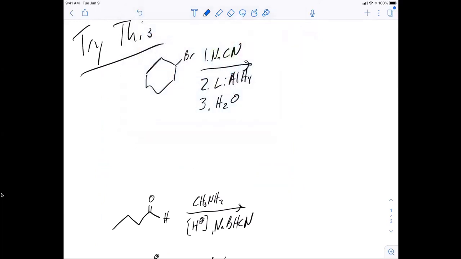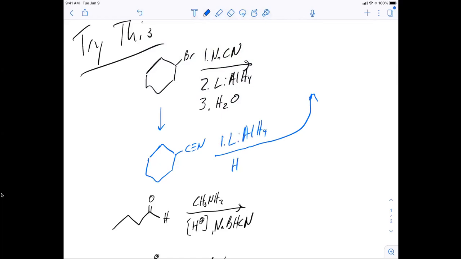All right, so for the first one, again, it's always good to do these in steps. So the sodium cyanide is a good nucleophile. That's going to substitute for the bromide, right? So I'm going to have an SN2 style reaction. And then the sodium borohydride, lithium hydride, and water.